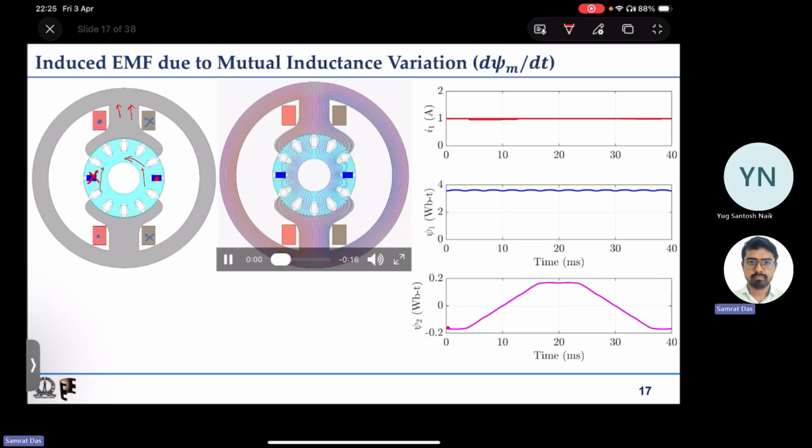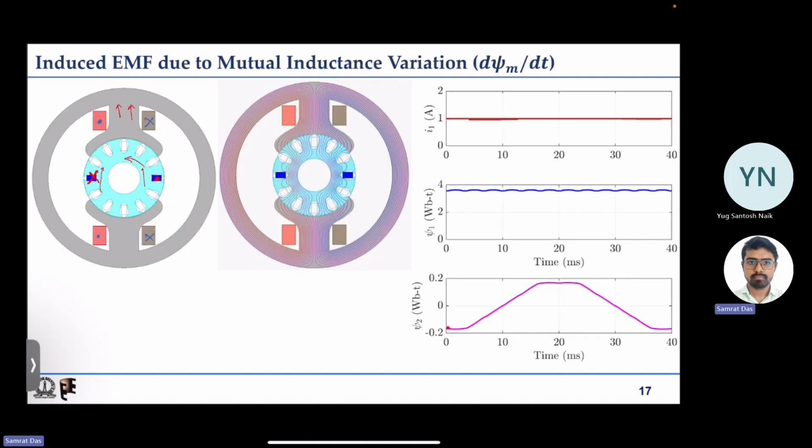If I stop at multiple points and show you, at this point all the flux lines are linking this coil. This is the flux line that is going and linking, and this is another external flux line that is going and linking the first coil.